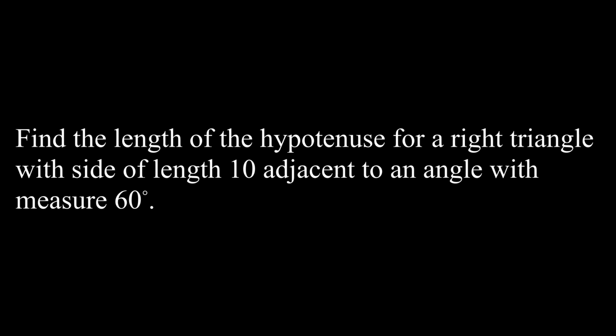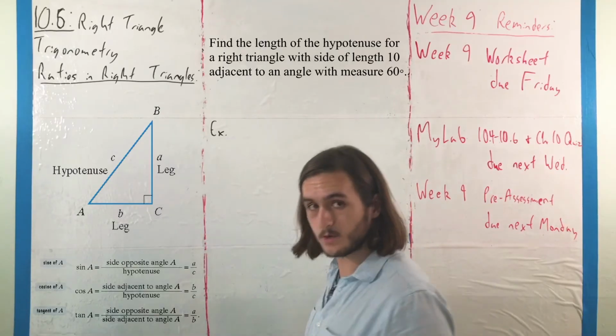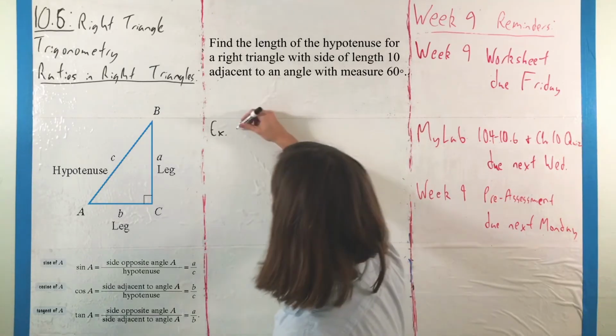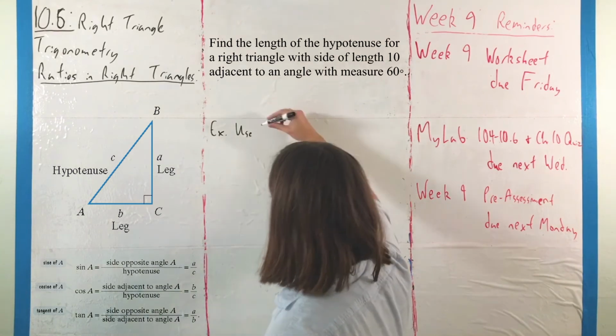Now let's look at one more example, where here what we want to do is find the length of the hypotenuse for a right triangle with side length adjacent 10 and angle that is adjacent to it measuring 60 degrees. So what we need to do here is, again, remember that the cosine function is the one for adjacent angles.